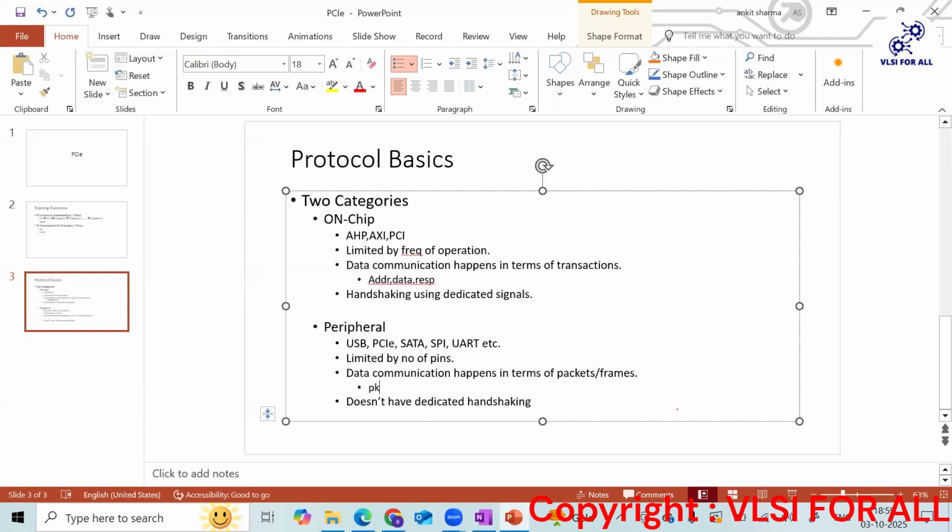The packet itself contains the header, the payload, and the error check, I mean CRC. So that is a packet, and this is a transaction: first the address phase happens, then the data phase, then the response phase.